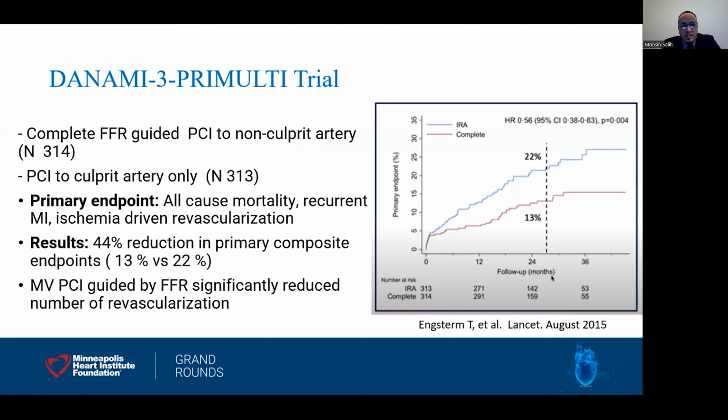This is a controlled trial. We're comparing complete revascularization using FFR guidance versus PCI of the culprit only.